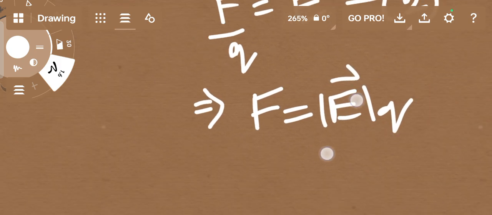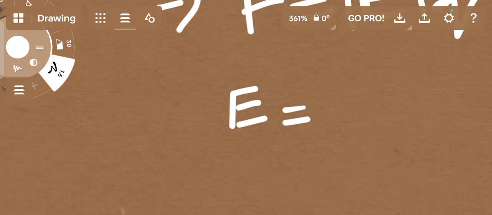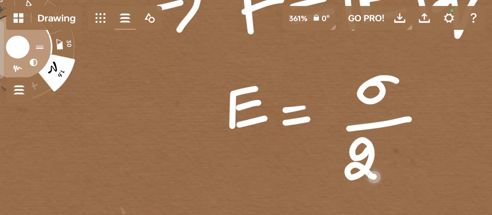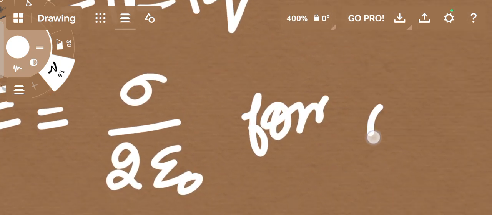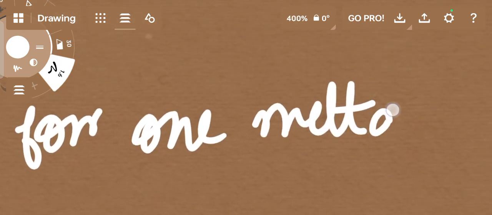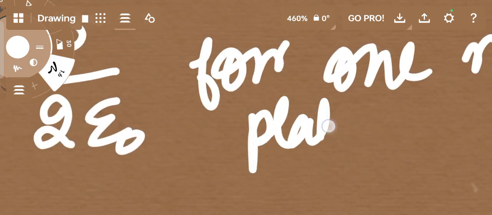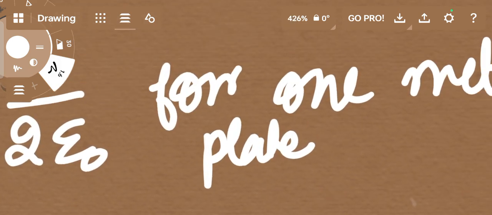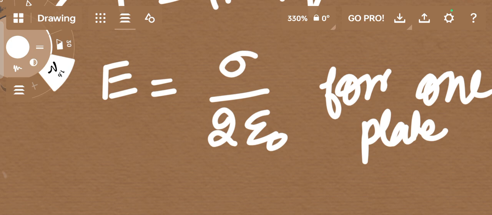So again, from Gauss's law, if you know, E equals sigma by 2 epsilon naught for one metallic plate. One means on one side of one metallic plate it is sigma by 2 epsilon naught, and on both sides it will be sigma by epsilon naught.